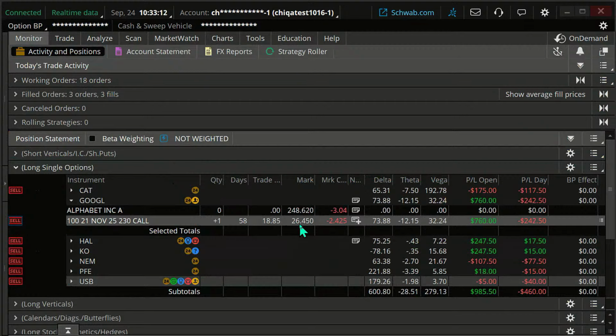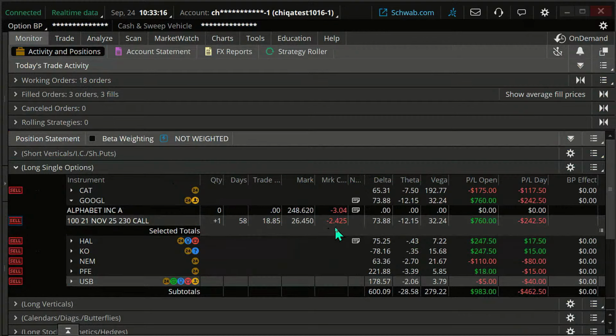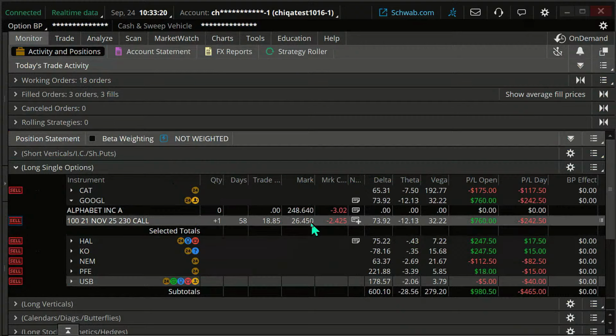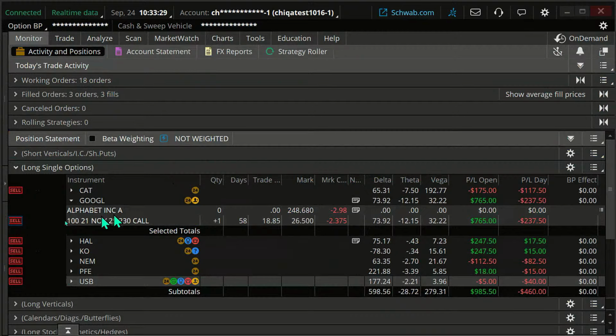Well, the stock's now at 26 bucks. So I'm going to put a 70% stop on that. I'm going to take 70% times our current price, which is 26.45. I come up with about $18.50. I'm going to adjust that stop to $18.50.